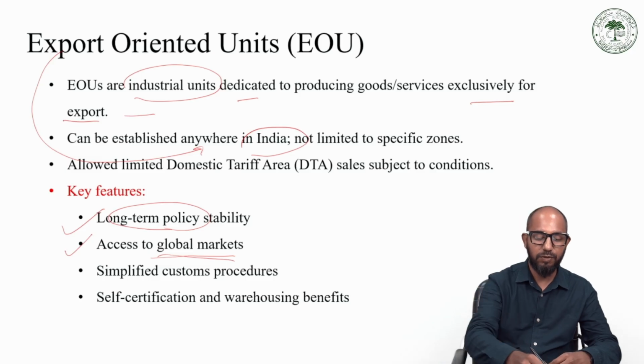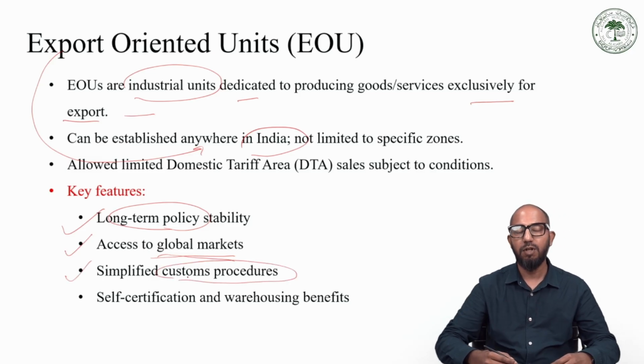The third key feature is simplified customs procedures. For all the industries set up under the export-oriented unit scheme, customs clearance procedures are much easier and they are provided special facilities for customs clearance, thus giving them extra benefit over other industries.